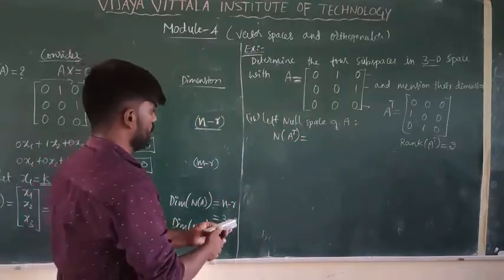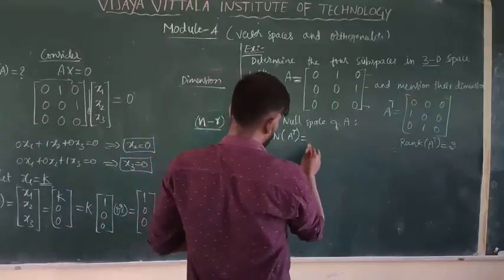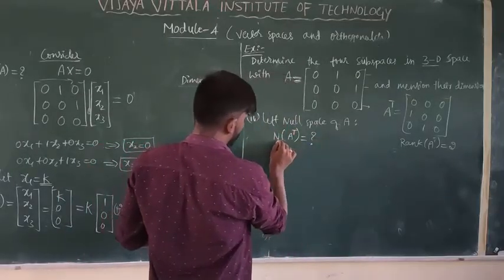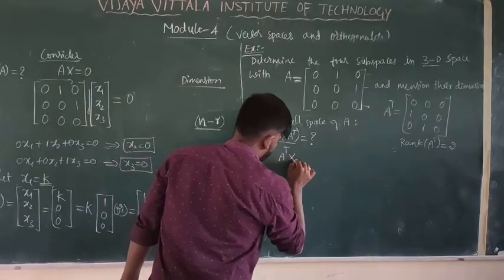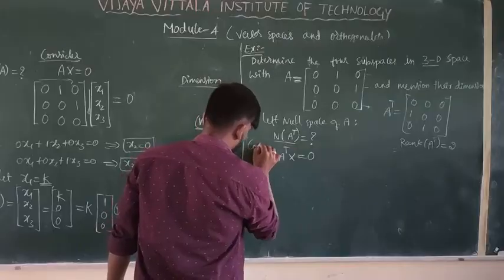N of A transpose is the null space, the solution for A transpose X equal to 0. Consider this equation.